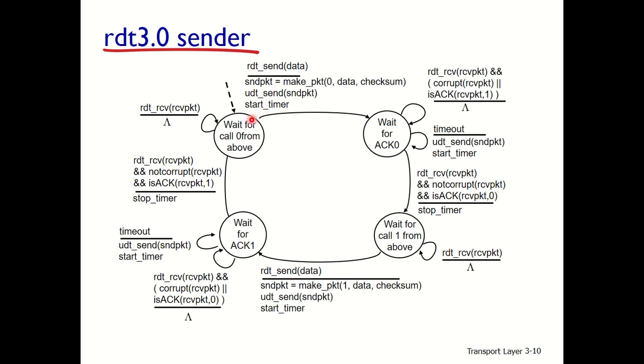Because the underlying channel can have packet loss, so while waiting for acknowledgement 0, if a timeout happens and the timer expires, that packet will be retransmitted, because one copy is already stored with the sender, and the timer will be restarted. And if the acknowledgement is received correctly, it will send the next packet, packet number 1.